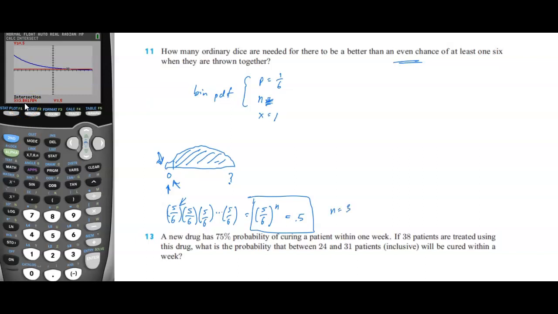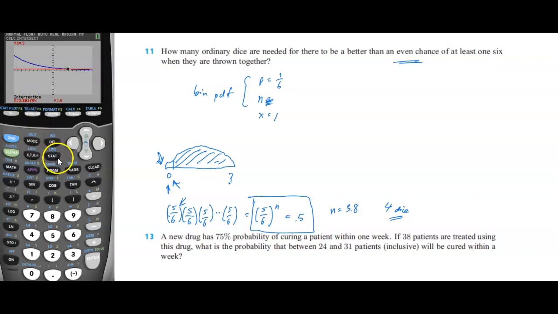N equals 3.8. So that means I would need to do 4 dice. If I have 4 dice, then I would have a less than 0.5 chance of getting 0, and therefore greater than a 0.5 chance of getting at least 1.